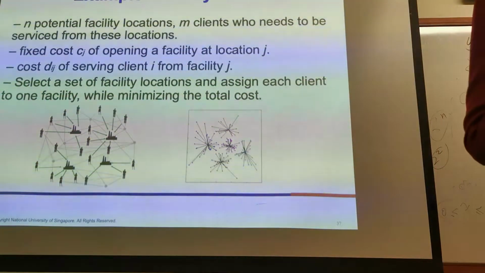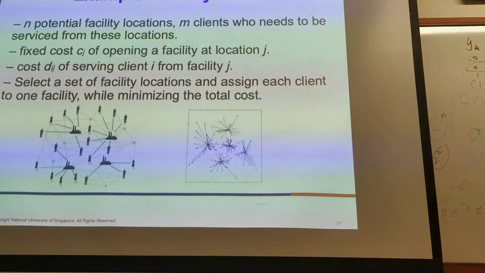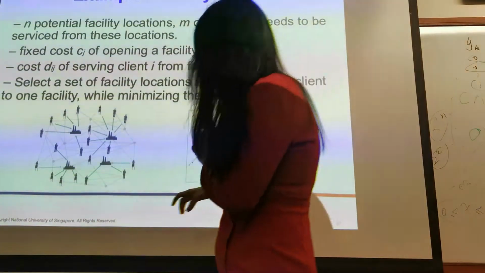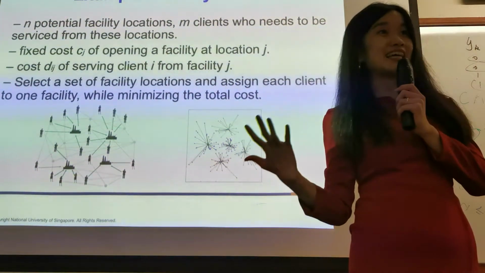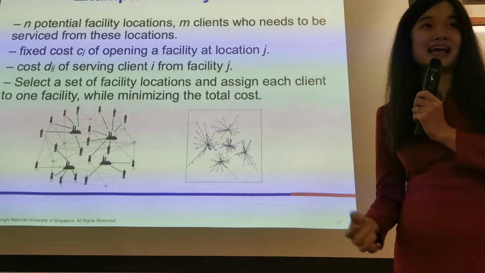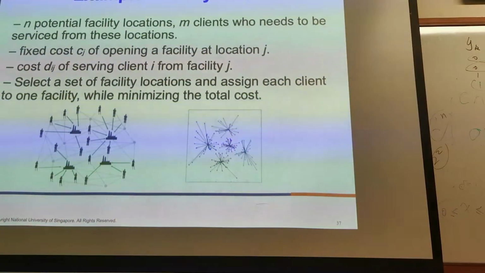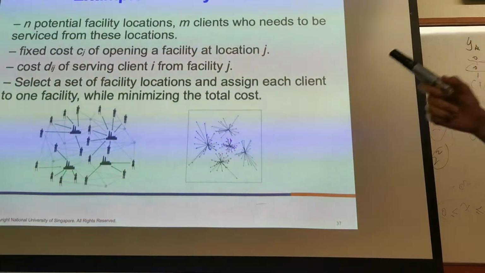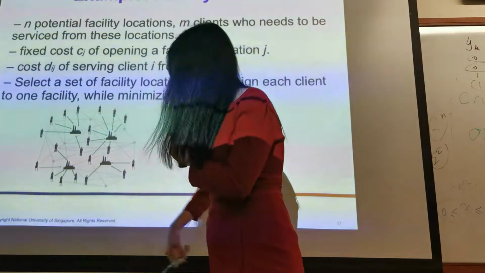If you have potential facility locations, let's say n locations, and m clients that you need to serve from these locations, and then you have the fixed cost, right? So you got your map here. You have all your clients, all the people to serve, like your market is distributed. It's like the project I gave you: if your marketplace for your fertilizer, for example, is distributed around, how do you send the production center to meet those end users?